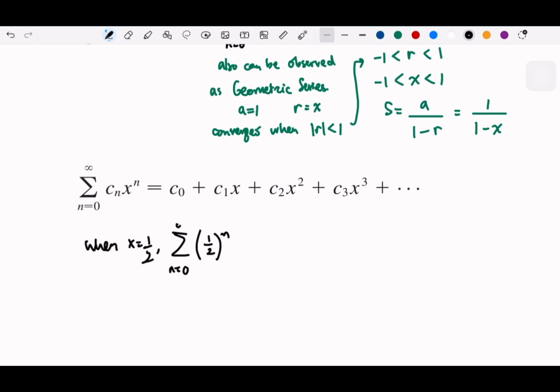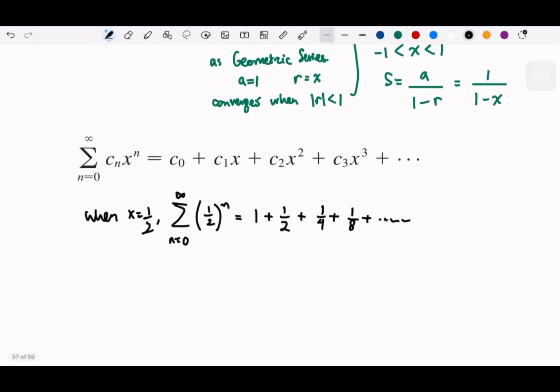Then this will be 1 plus 1 over 2 plus 1 over 4 plus 1 over 8 plus and so on. And of course, we know that when x is half, it will converge. And when x is 2, this will diverge, right? So it's 1 plus 2 plus 4 plus 8 plus 16.